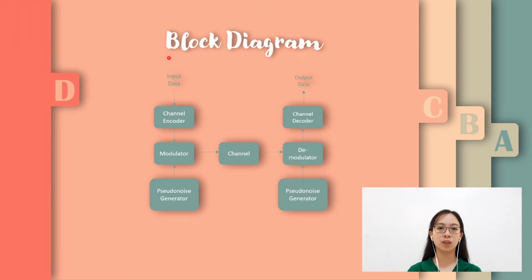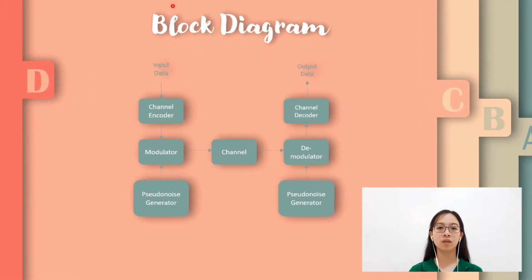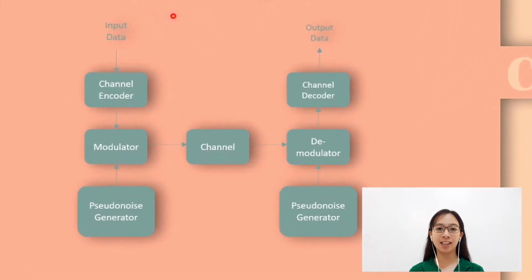Block diagram of spread spectrum. First, the input data is fed into a channel encoder that produces an analog signal with a relatively narrow bandwidth around some center frequency.